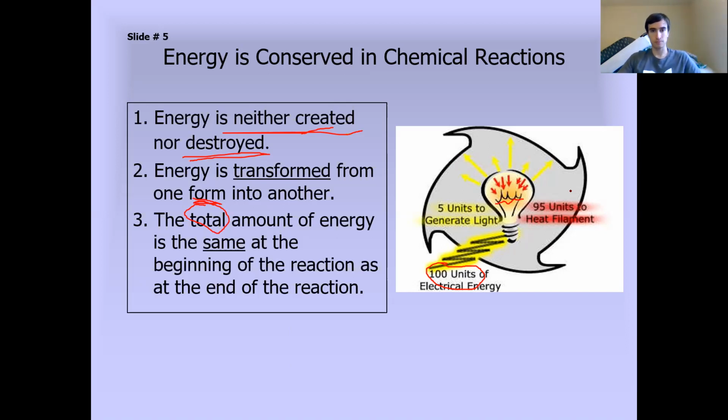So we need energy to heat the light bulb, and we need energy to come off as light from the light bulb. So in this case, we're going to use 95 of that original energy in order to heat up the filament on the inside of the light bulb, and 5 of that original energy will come out of the light bulb as light.